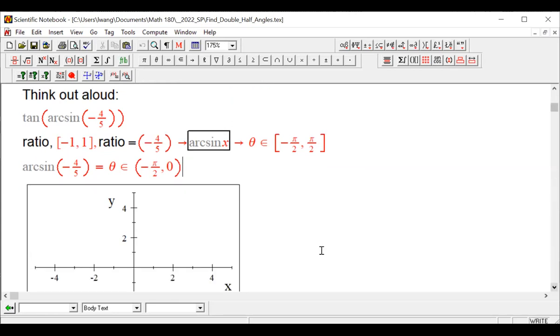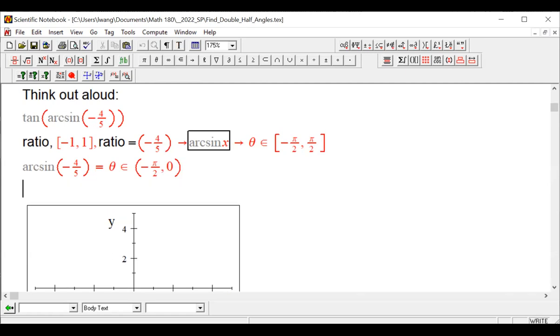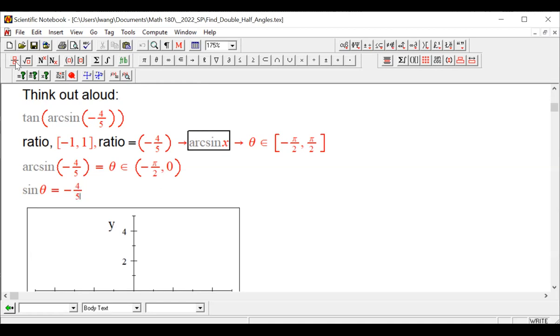From what we have learned, that's how much we can recognize. And what is more, sine theta is equal to -4/5, because that's the definition. We've done those.